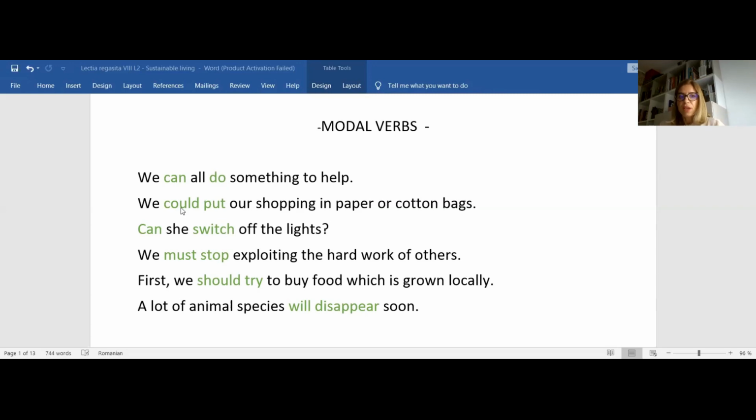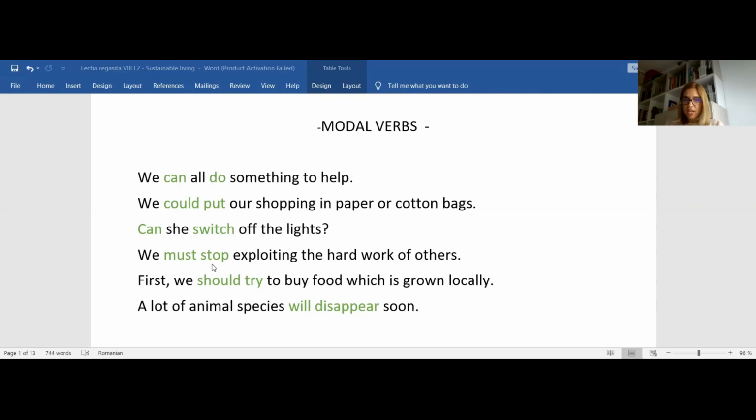Besides this, the modal verb is always followed by the short infinitive of the main verb. As you can see, we have the examples: we can do something, we could put, we must stop. So we always have the modal verb and the short infinitive, the infinitive without to, of the main verb.